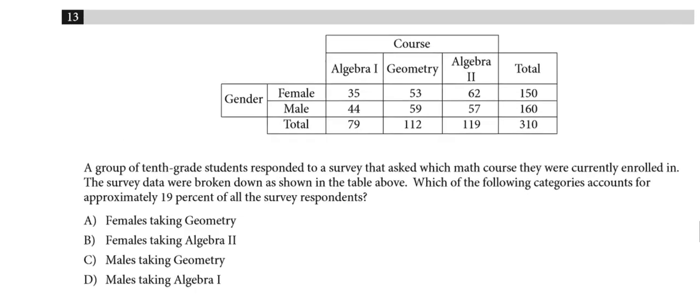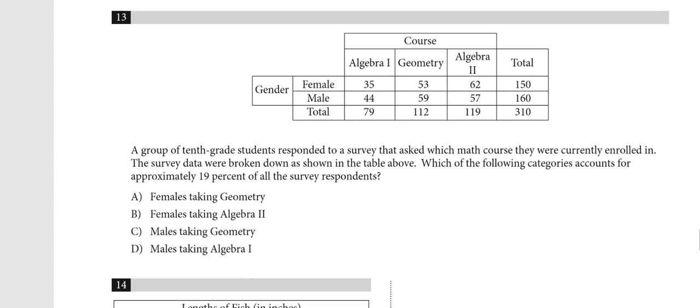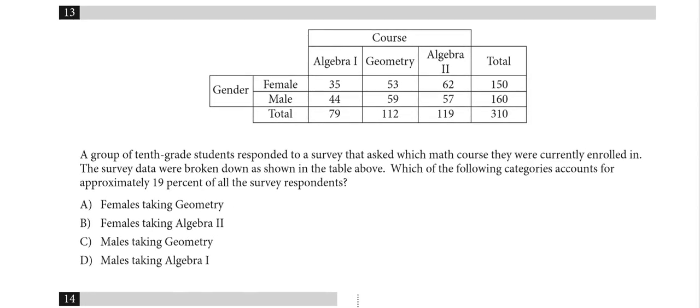Okay. I didn't get to this one yet, but it says, which of the following categories represents 19% of all survey respondents? What's the total number of survey respondents? Look at the chart and tell me the total of the entire chart. 310. Right there in the corner.